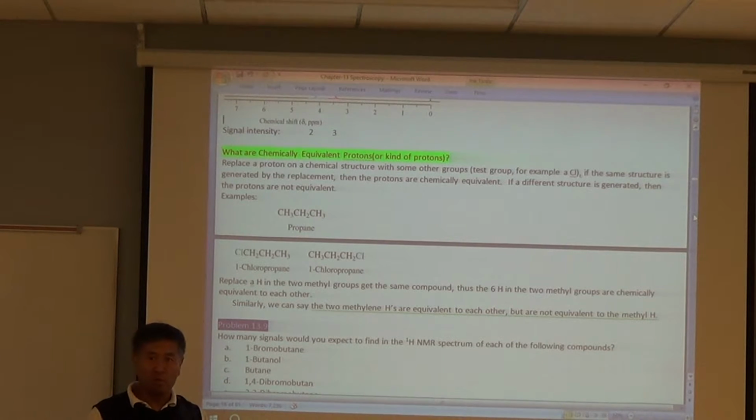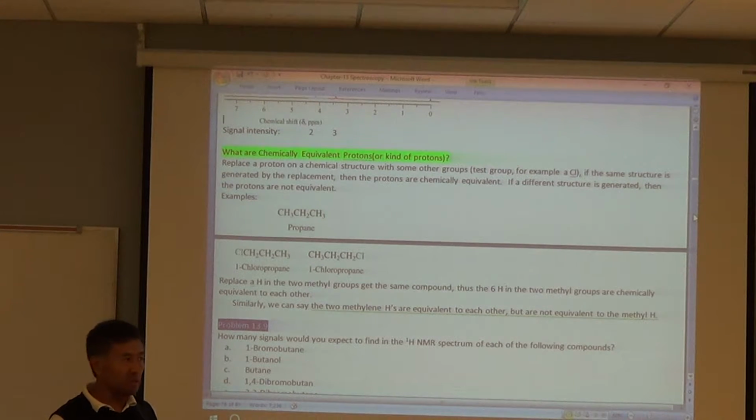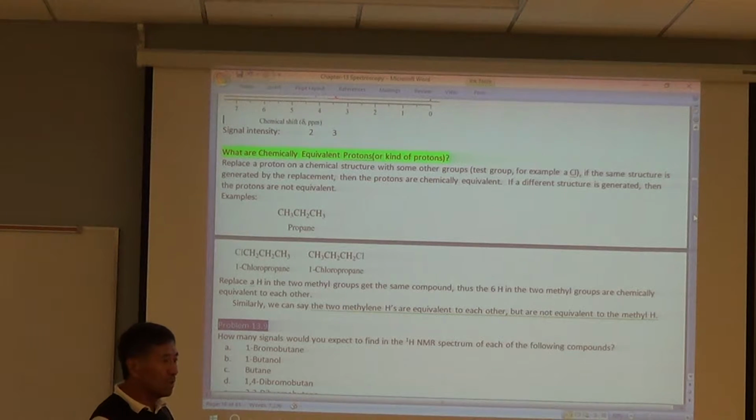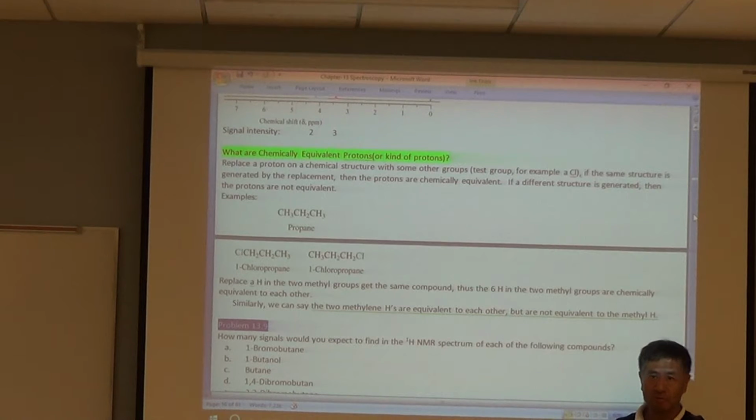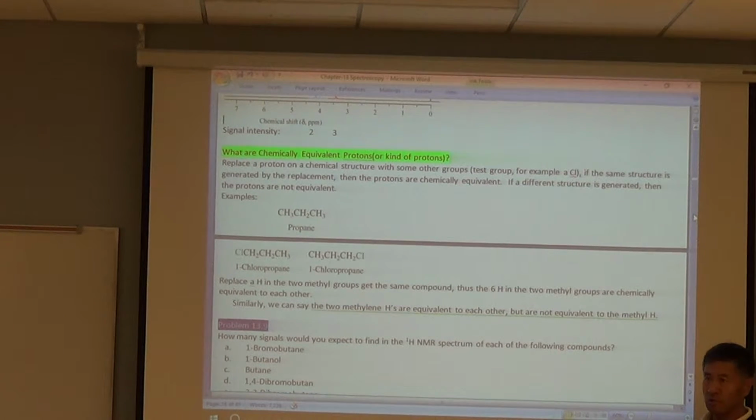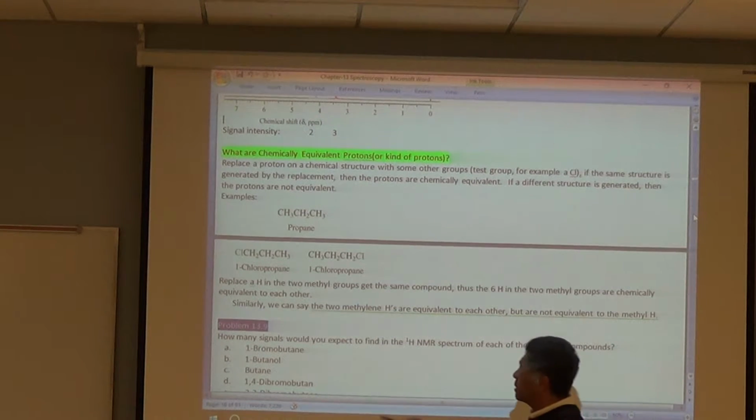Then you see what the molecule's name is. And if you get a different name, that means those protons are different types. At the beginning, you use the technique, and then after a few examples, you will recognize what are equivalent and what are not equivalent.